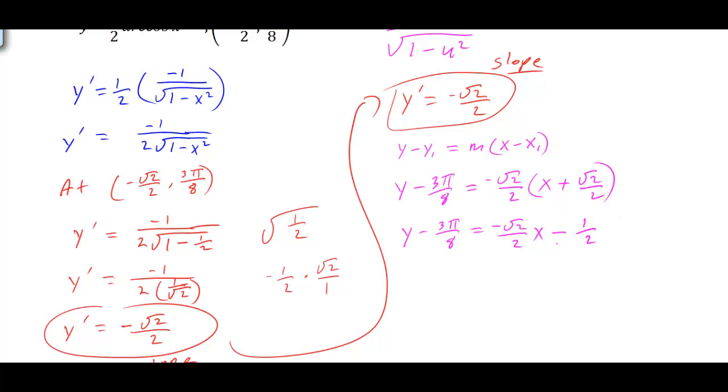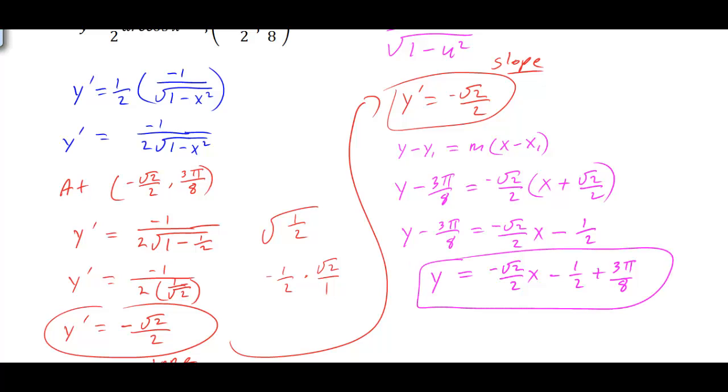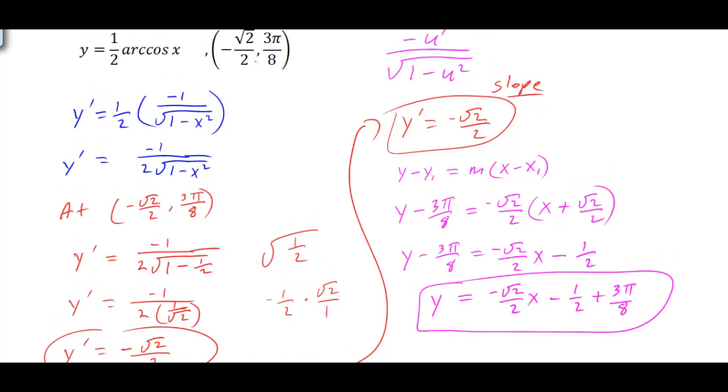And a negative and a positive makes this negative. So then if we move over the negative 3 pi over 8, we have y equals negative square root of 2 over 2 x minus 1/2 plus 3 pi over 8. So here's the equation of our tangent line at the given point, negative square root of 2 over 2, 3 pi over 8.